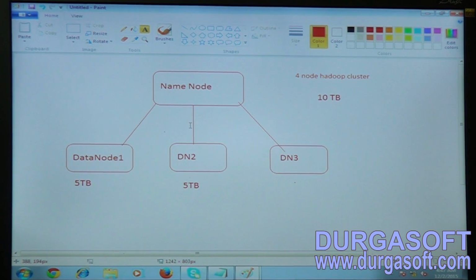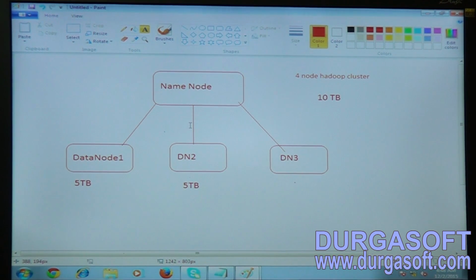There are multiple JVMs running on the cluster, and those are responsible for making the data synchronized. So we need not write any extra code for it. Whatever data we have stored, the multiple JVMs running on the cluster take care of the data synchronization. So there are no data synchronization related issues; only the framework takes care of those things.